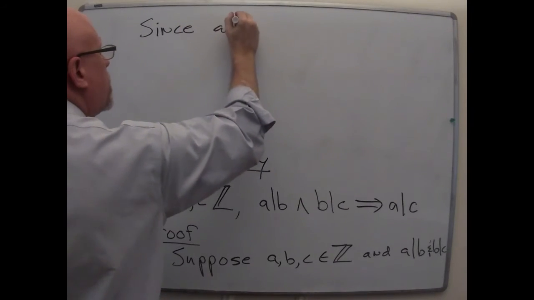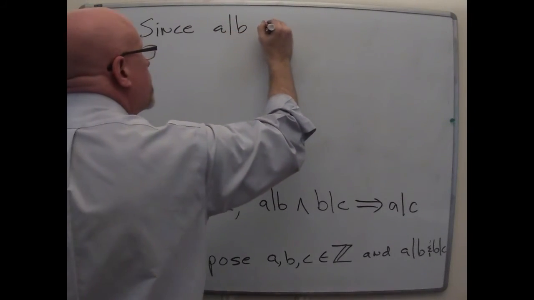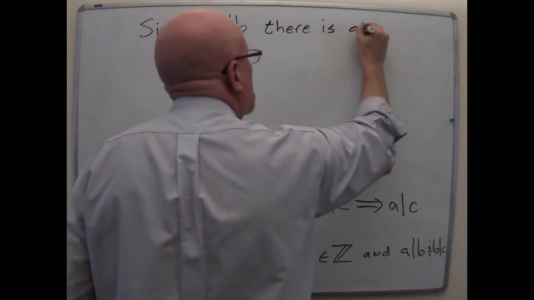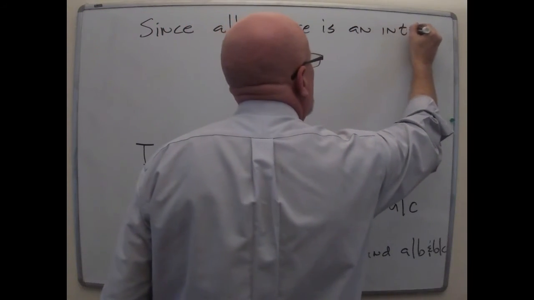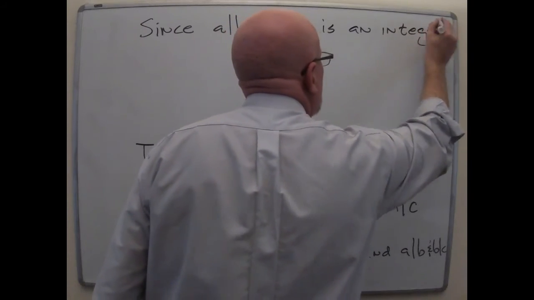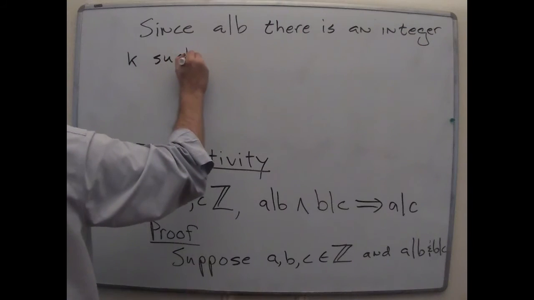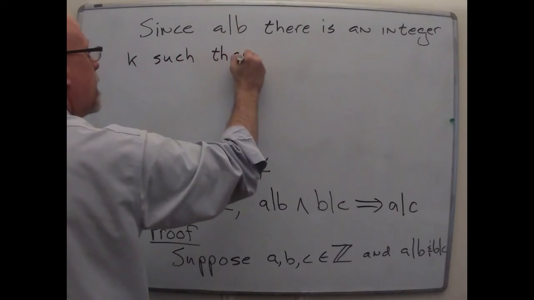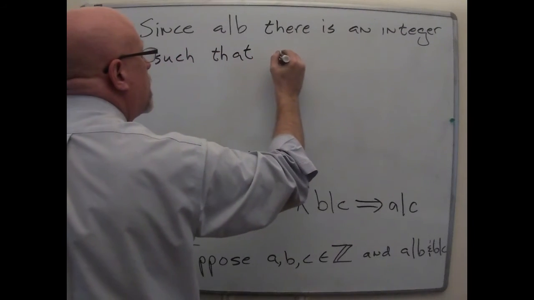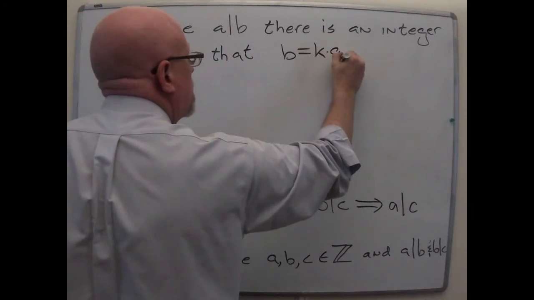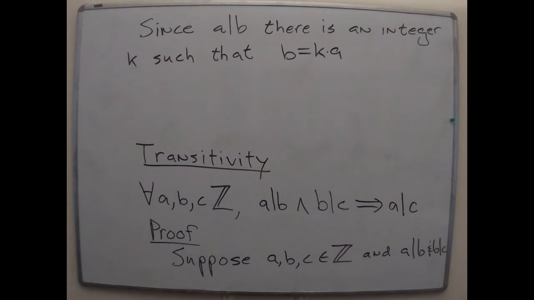Since A divides B, there is an integer k such that the big one is equal to k times the little one. B equals AK, or KA, I don't care.